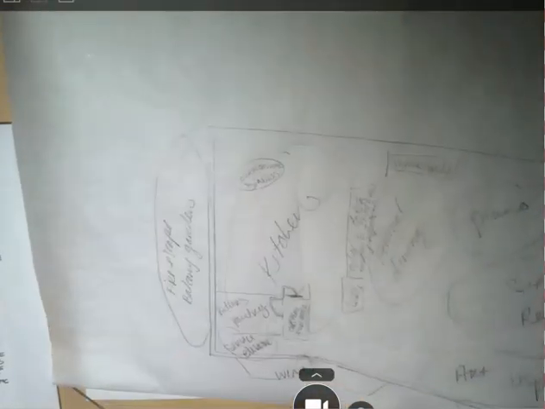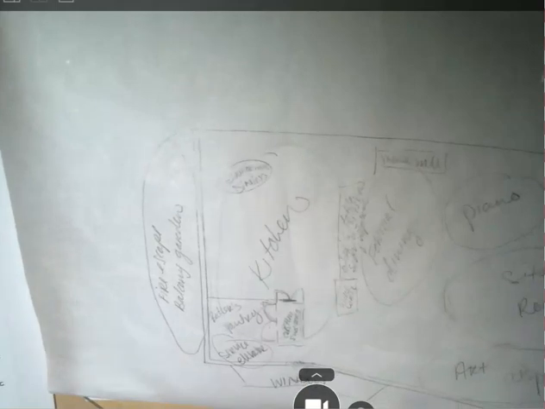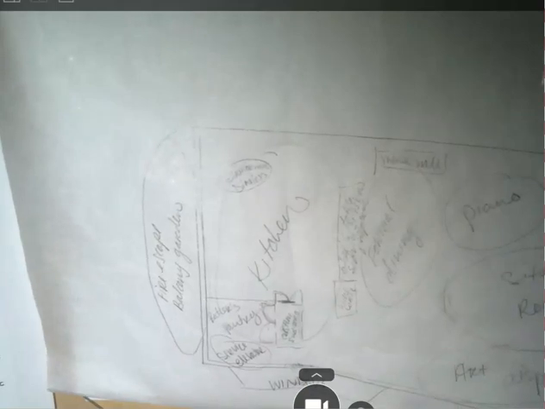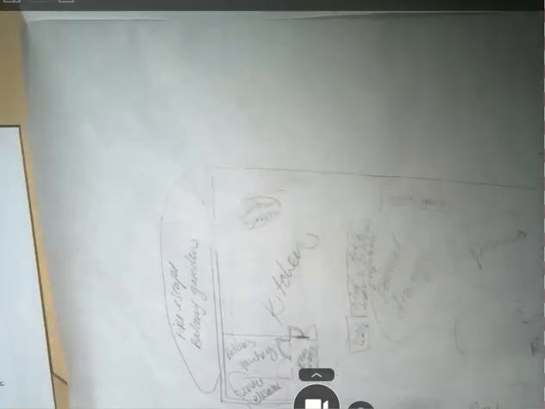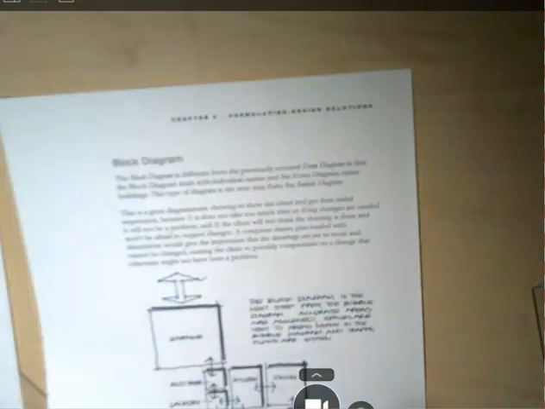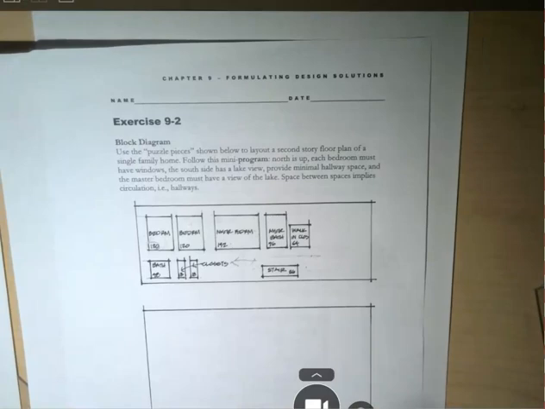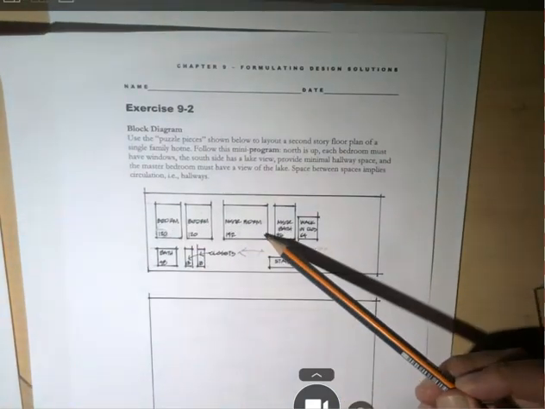Today I'm picking on the kitchen, so we're going to look at making this kitchen fit into the space and have square footage for all the programming that goes into a kitchen. Let's take a look at the final result. It will be these nicely graphed little sections that show the square foot calculations.